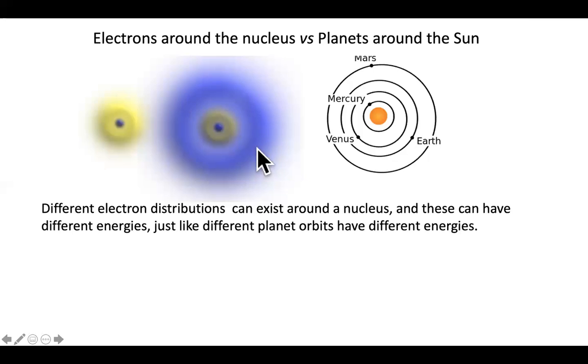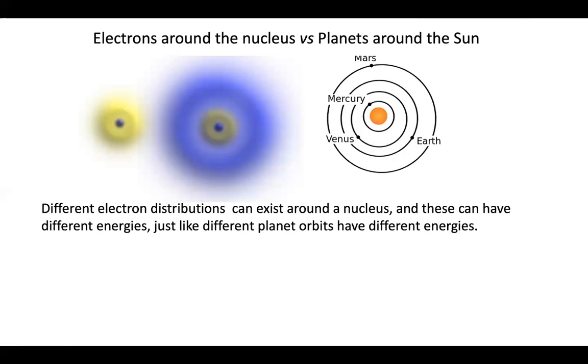This configuration, this distribution, allows the electron to get further out. Each one of these has a distinct amount of energy, but this one is higher energy than this one. If this one lost energy, the electron would end up closer to the nucleus and you'd get something like that. So just like in the solar system where different orbits have different energies, different orbitals or different states have different energies here.